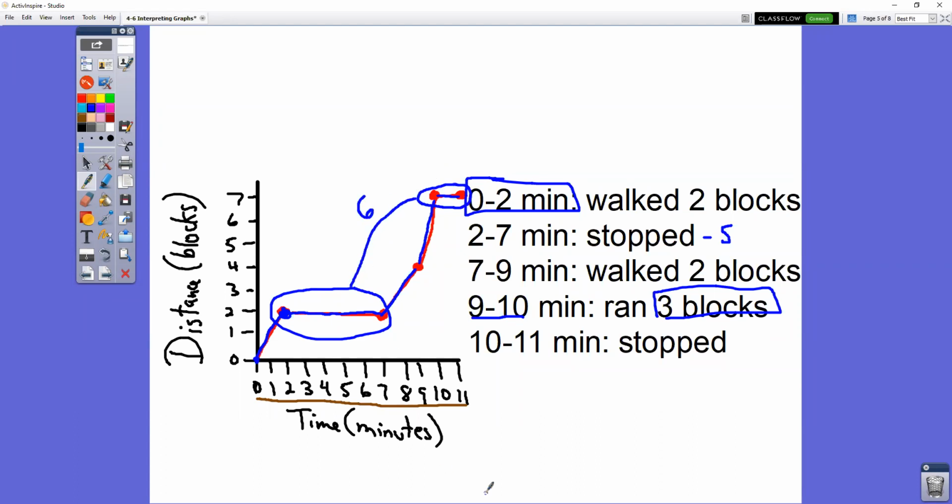It would be 6. How many total blocks did he cover in his little journey? He walked 2, he walked 2, and he ran 3. 2 plus 2 plus 3 would give us 7 total blocks. Those are typical questions that they love on the state test.